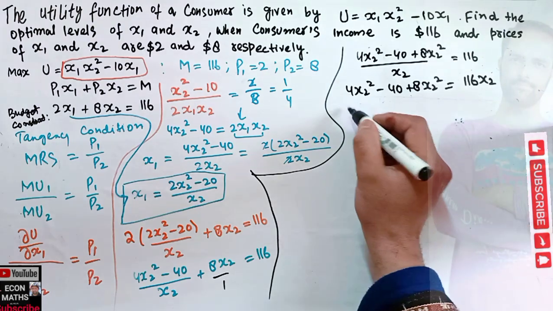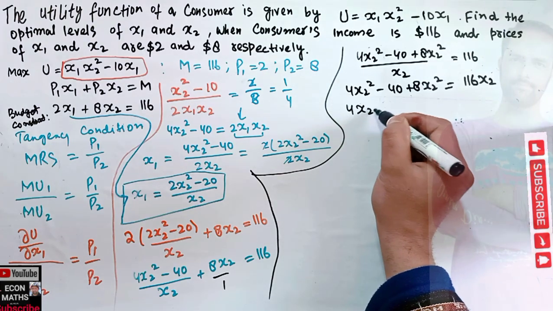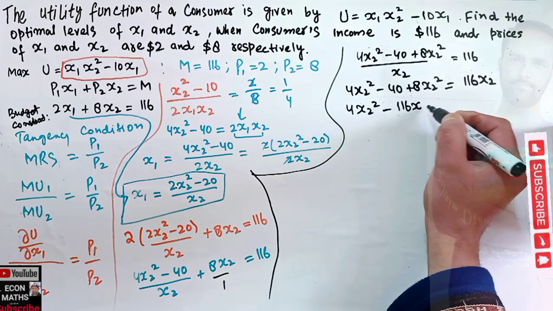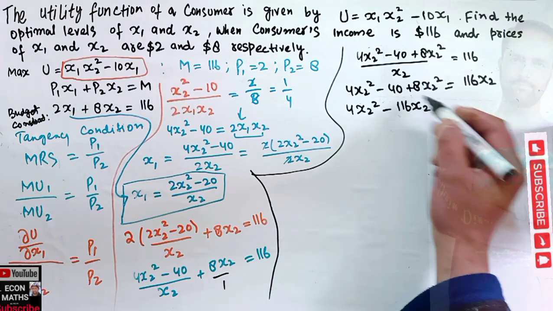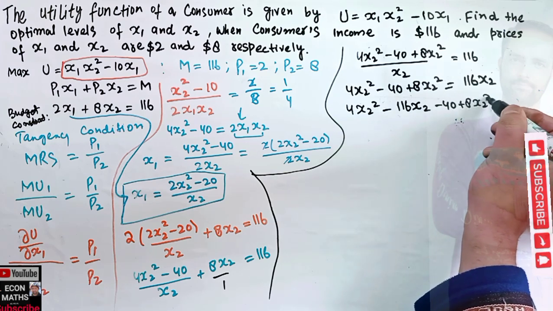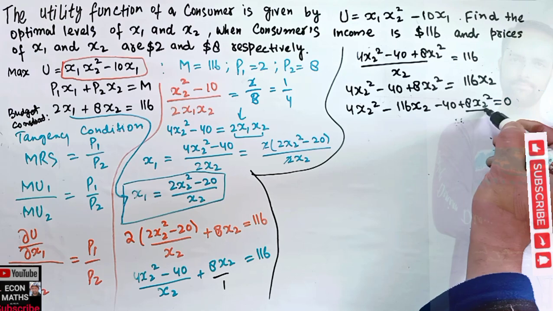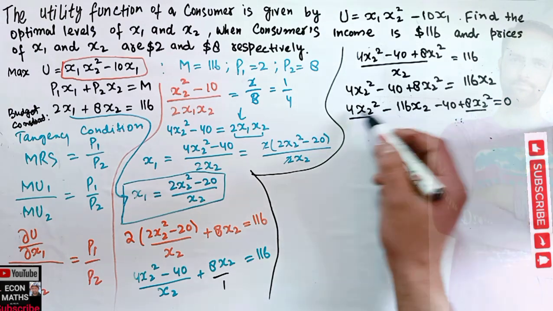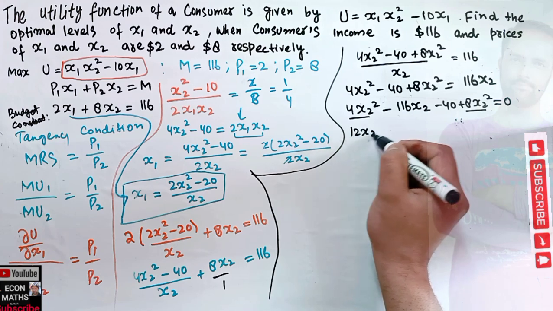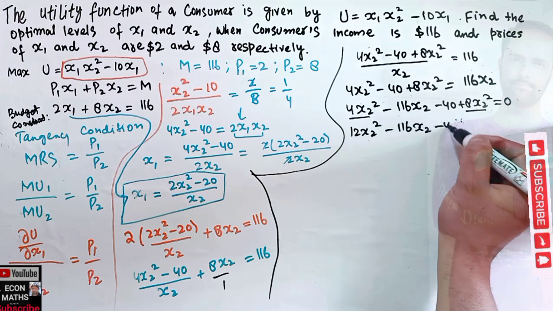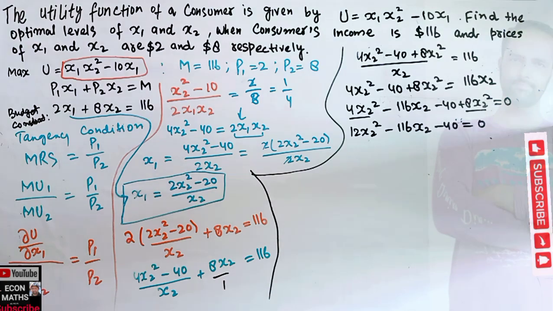Now transposing this term here, we have 4x2 square, it will get subtracted 116x2. Then we have minus 40 plus 8x2 square is equal to 0. 8x2 square and 4x2 square are the same terms, we can add them. So 8 plus 4 is 12x2 square minus 116x2 minus 40 is equal to 0.